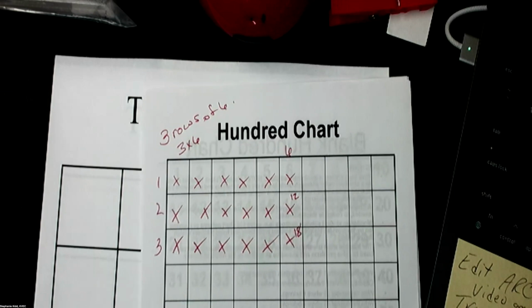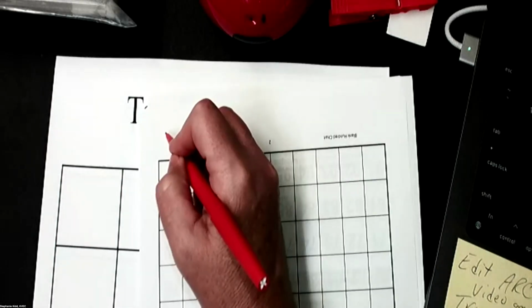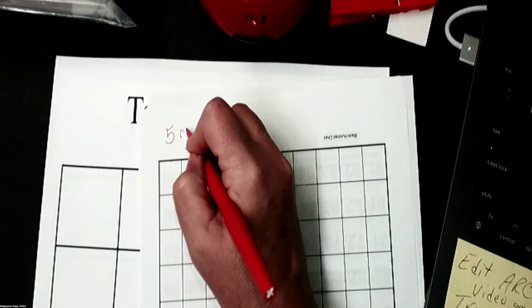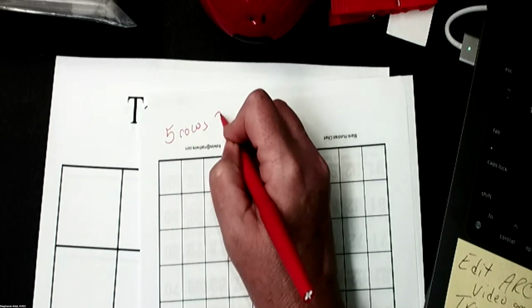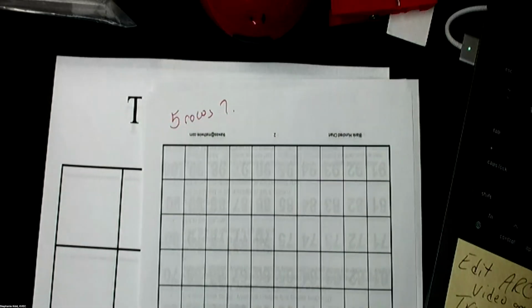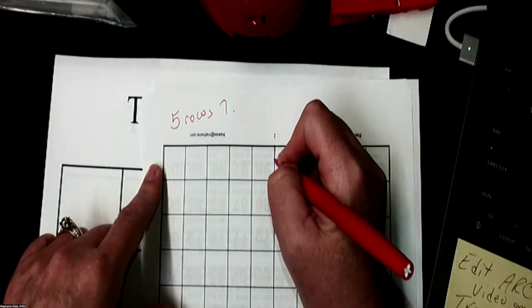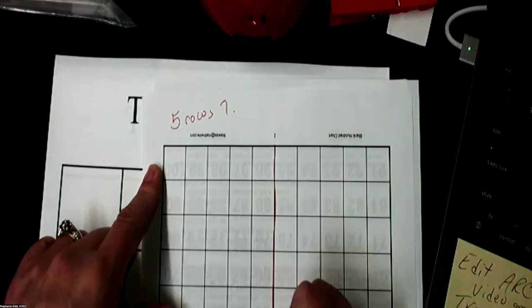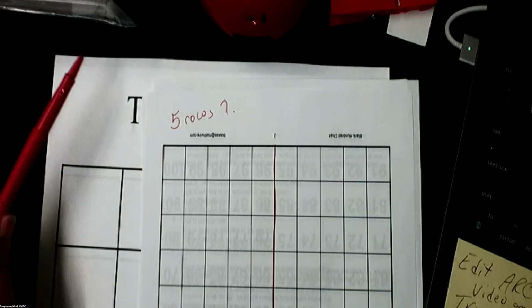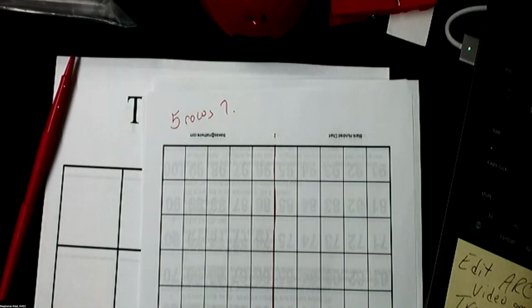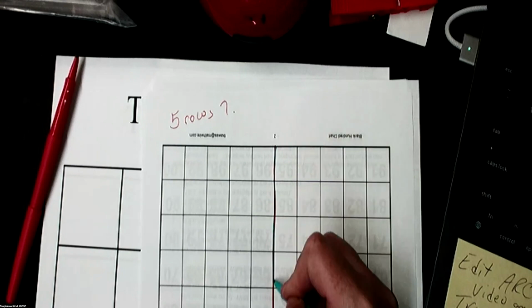So 3 rows of 6, maybe they're going to do it. I'm going to turn my chart upside down real quick so that we can do another one. And maybe it is 5 rows, and this is a good one to start to see, 5 rows of 7. And so if you have a hundredths chart that actually has the 5 divided off to where it's like this right here, and I need to probably put another color down through there so that you guys can see how it's divided off.